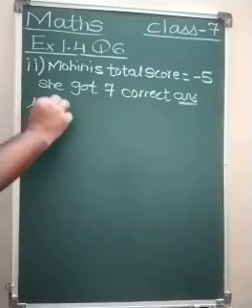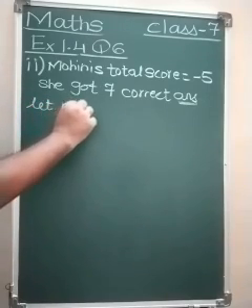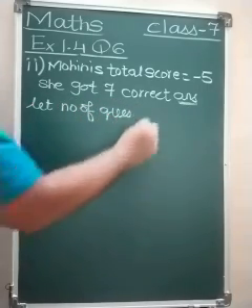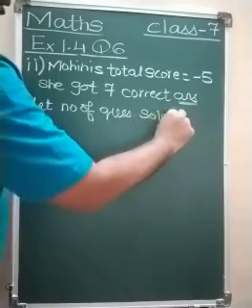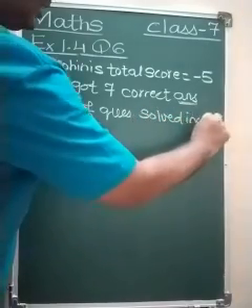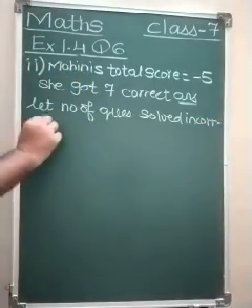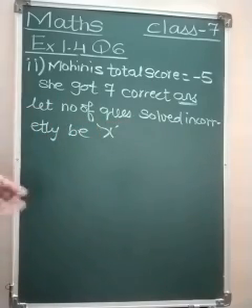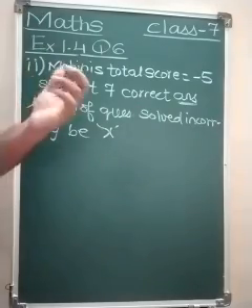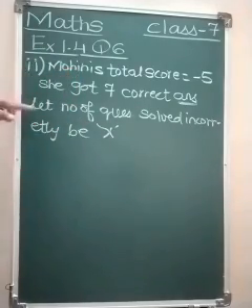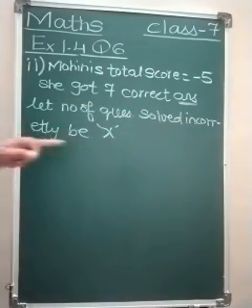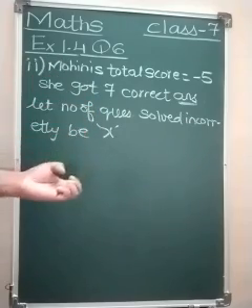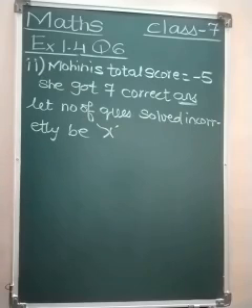So let the number of questions solved incorrectly be x. The wordings may be here and there. This is also correct. Earlier what we have written is also correct. So how many questions has she solved incorrectly? We don't know. x questions she has solved incorrectly.